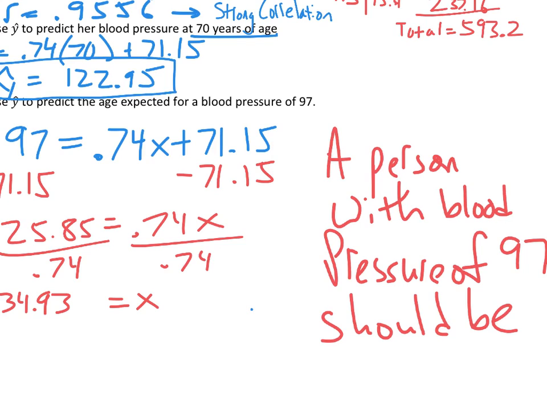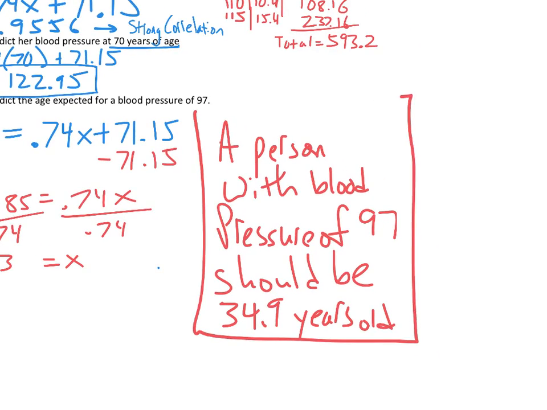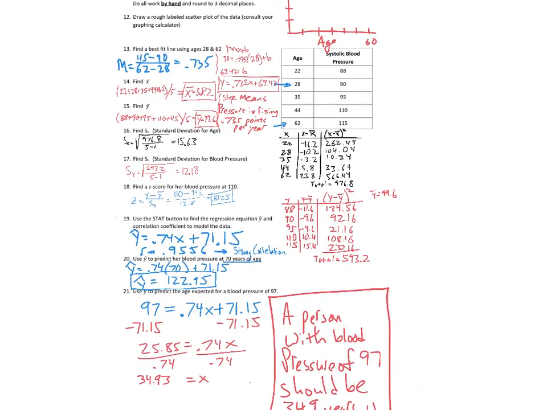We could say almost 35, or 34.9 years old. Okay, that's the idea. All right, so the regression equation gives us a way to predict one way or the other.